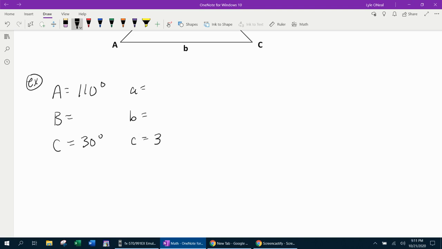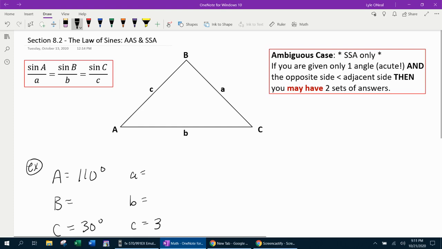Now, why we need the law of sines: if you remember in the previous section, 8.1, that was right triangle trigonometry. We talked about SOHCAHTOA and the Pythagorean theorem, but those only work if you have a right triangle. So the law of sines is needed for triangles that are not necessarily right triangles.